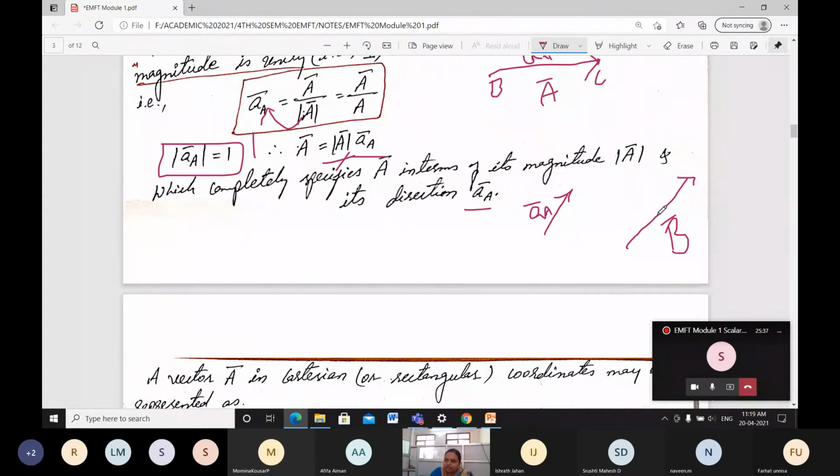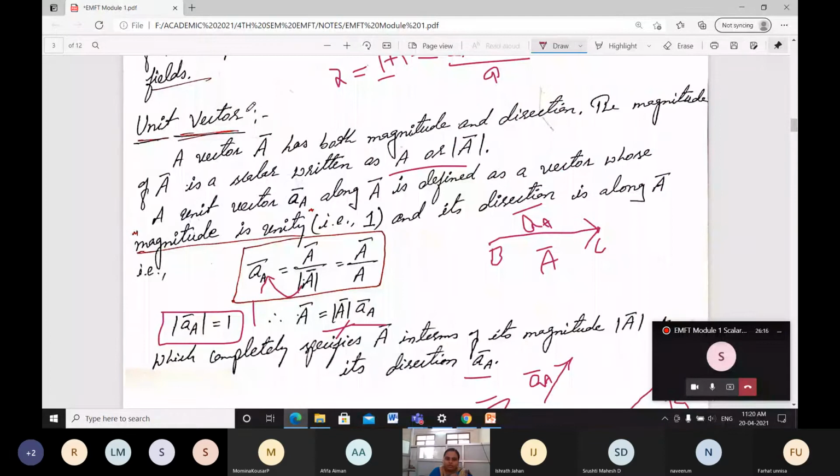If both vectors are in the same direction, then instead of B with the unit vector, I can write B bar into small a bar. It gives the direction along which the unit vector is there, and other components may vary. Understand here, if another component varies in the same direction, I can represent it like this. That's the importance of our unit vectors.